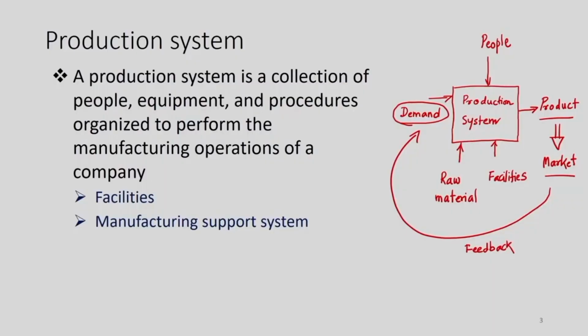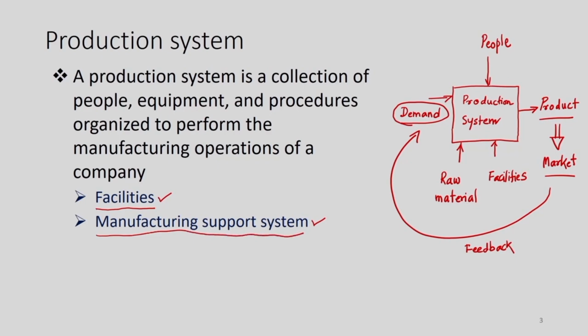Well, if you look at the production system, we can see that there are basically two elements which constitute the production system. The first element is facilities and the second element is manufacturing support system.